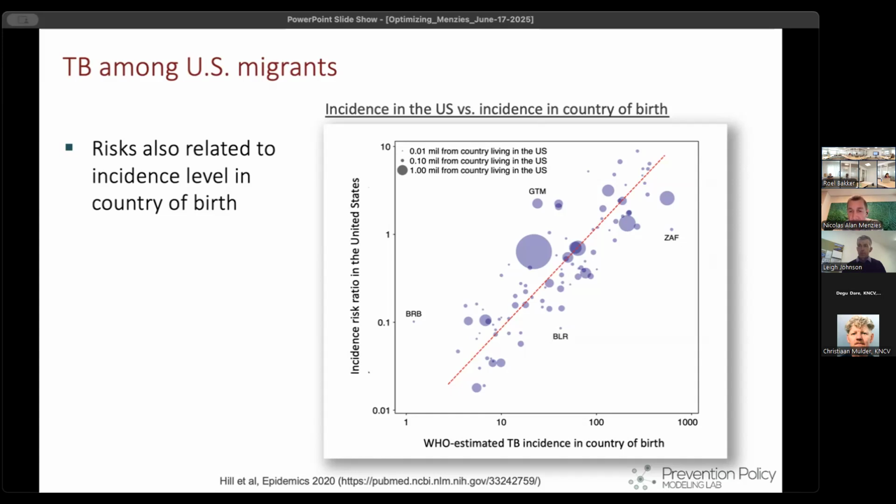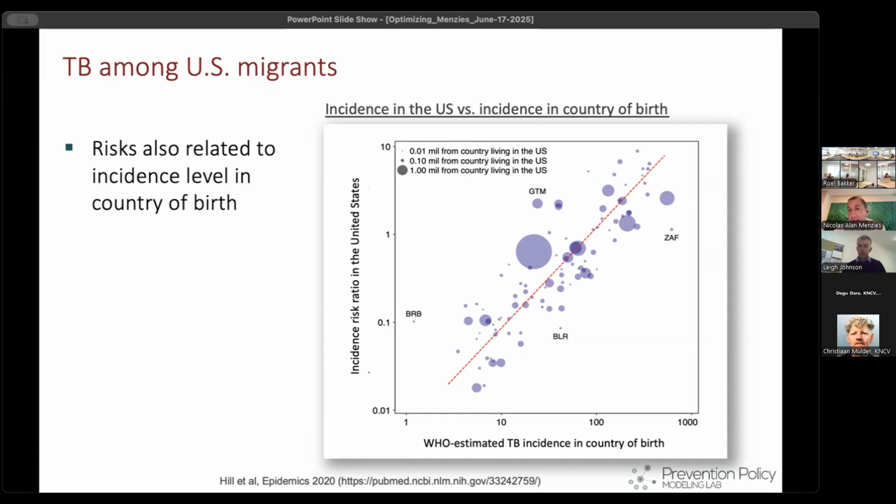But what you can see here, certainly there are these outliers, but there is a strong positive trend. As we should expect, people migrating from countries with a high incidence of TB have a much higher risk of having been infected with TB before entry to the US, and potentially a high risk of being infected recently before entry to the US.